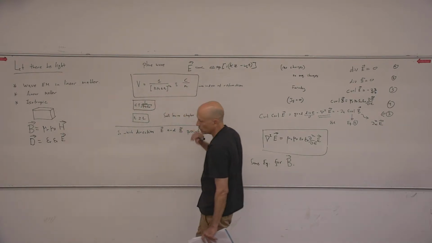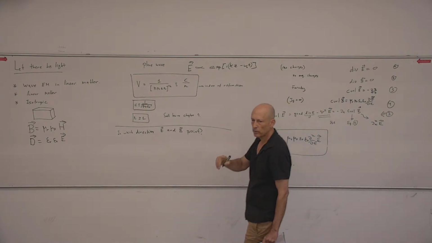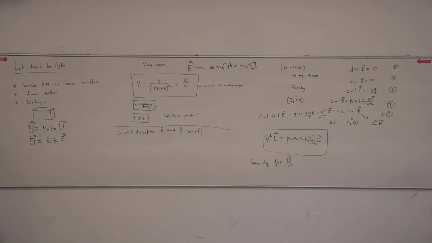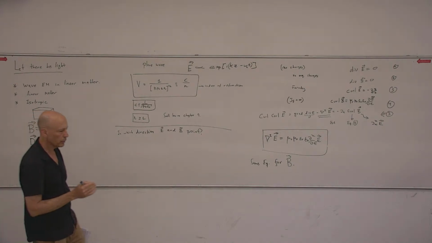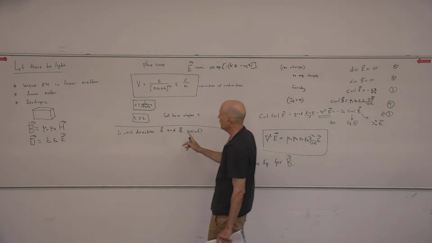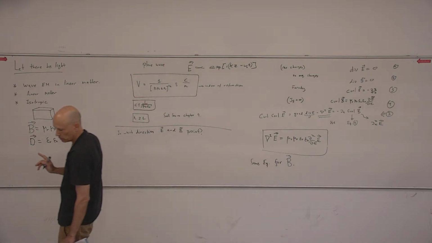We have the special direction z. Is it going to be in the z direction? In the x direction, the y direction? Some linear combination of all? I'll just give you the answer and then we'll show it. It's not difficult to show. The fields E and B will be in the xy direction, but not in the z direction.